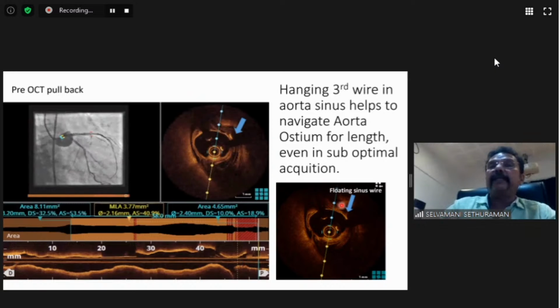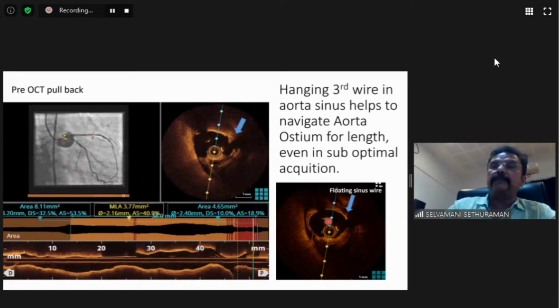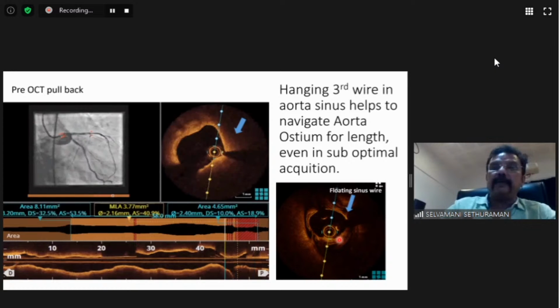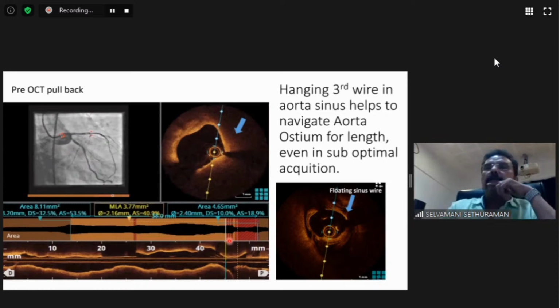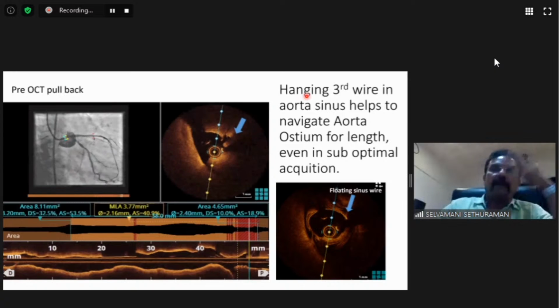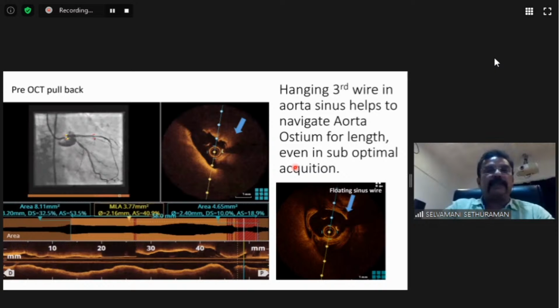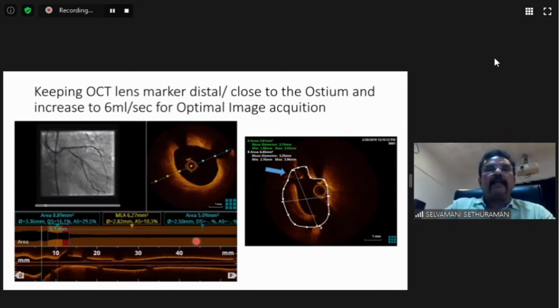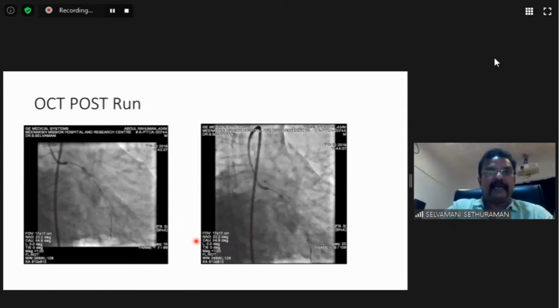That means you have crossed the left main ostium and come into the aortic cusp. So that gives an idea, and you can get a clear imaging of the left main ostium. This is called the hanging third wire, or the hanging wire in the aortic sinus, to navigate your OCT catheter there. And of course, then position the left main stent and dilate.